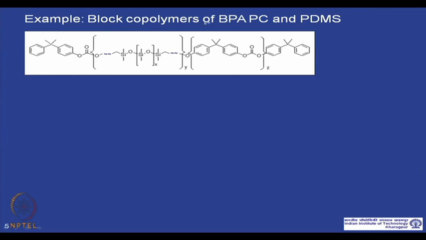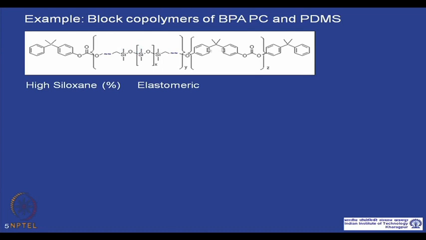Let us take a real example of a block copolymer of BPA polycarbonate and PDMS. This is the structure of the block copolymer, which consists of a PDMS block and a bisphenol A polycarbonate block.